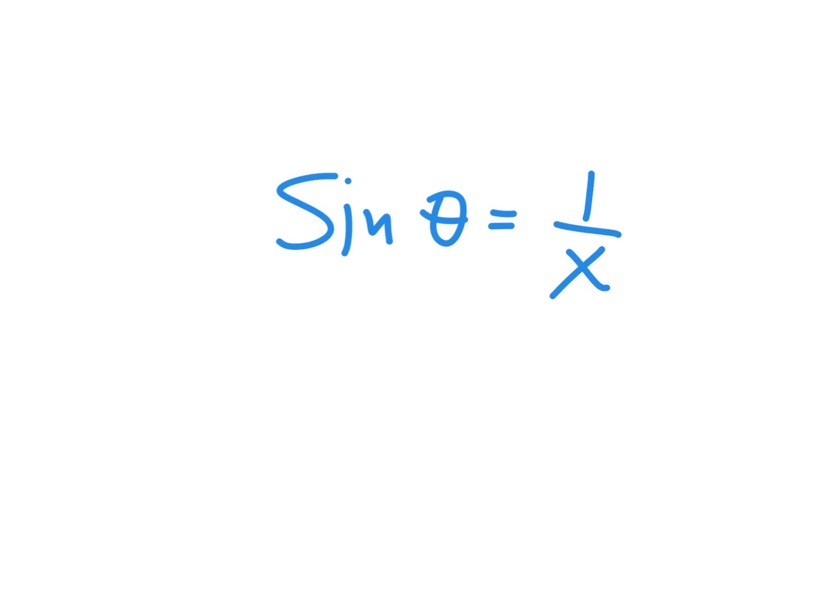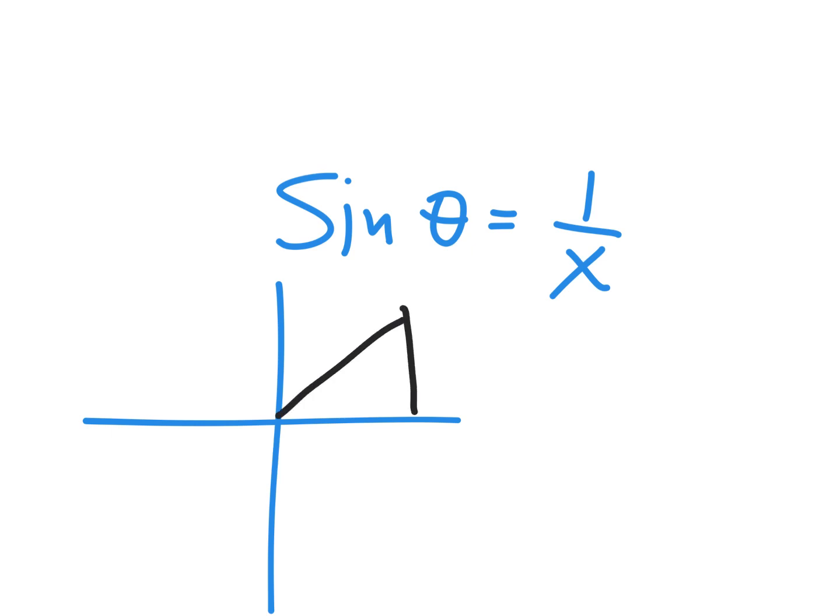It really is. Always do the ones with variables in the first quadrant, because it's true that you could have a negative number and therefore it would put you in a different quadrant, but your answer will always be the same. So keep your life simple and just draw yourself a triangle right here. And you do know two sides of the triangle. It's just that one of the sides is called x.